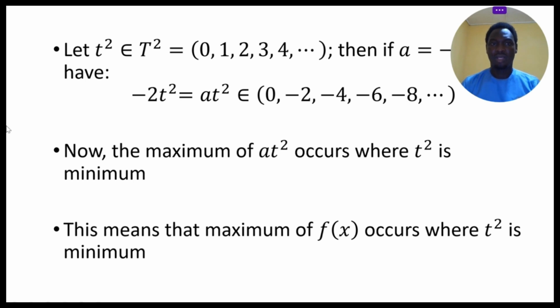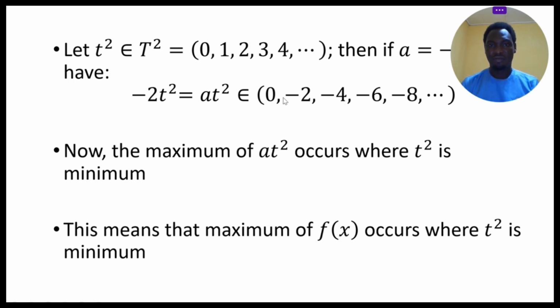Now, let t squared be a member of this increasing sequence, just for illustration. These are not the only values that t squared can take. Now, if we let a be -2, representing some negative value, then our at squared will be a member of this sequence: 0, -2, -4, -6, and so on.